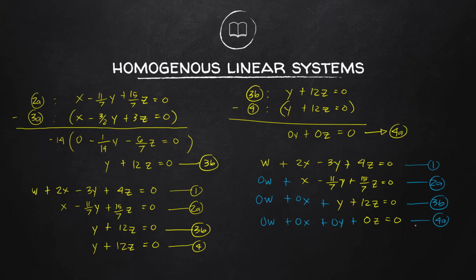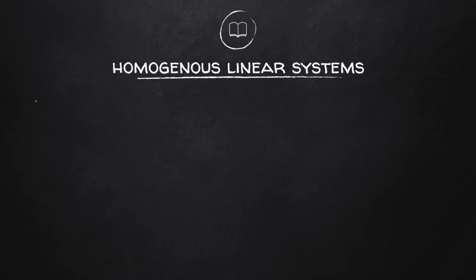And from here, we can obtain the augmented matrix of the system of linear equations. That would be 1, 2, negative 3, 4, and for the constants, this would be 0.